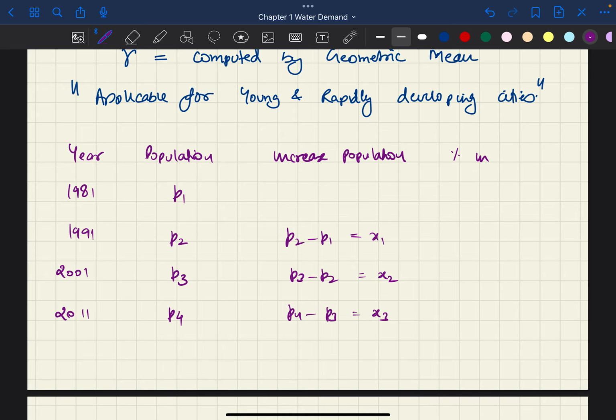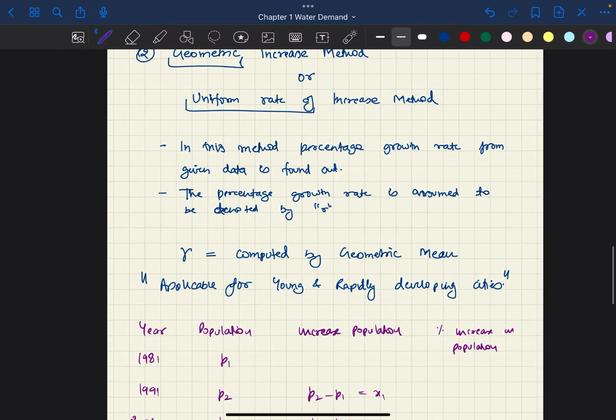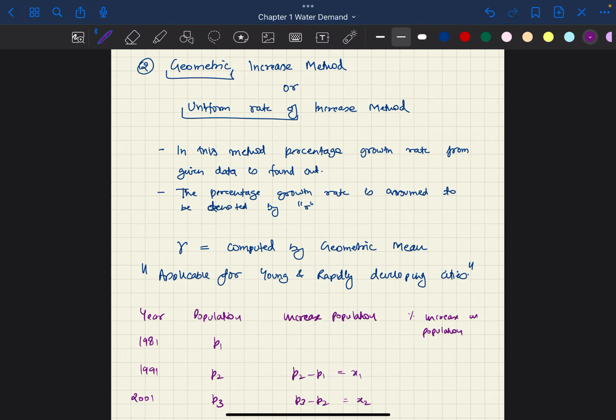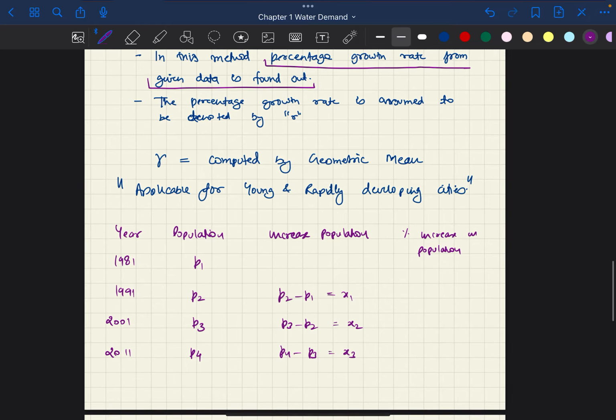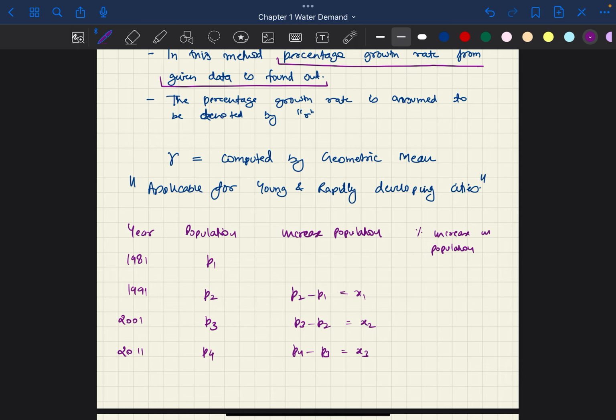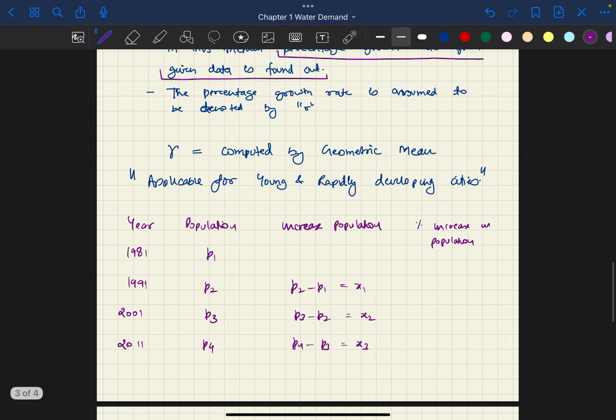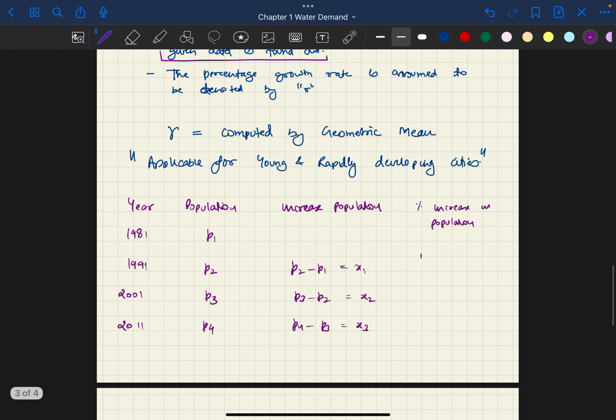So percentage increase in population, because in this method percentage growth rate from given data is found out. So what is percentage growth rate? This is percentage growth rate: P2 minus P1 divided by P1 into 100.